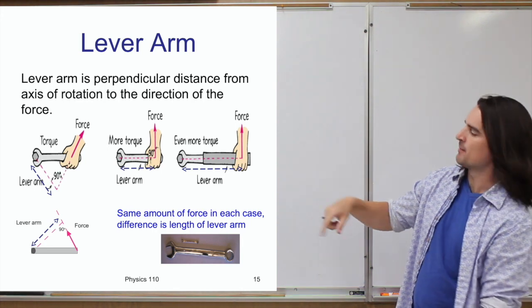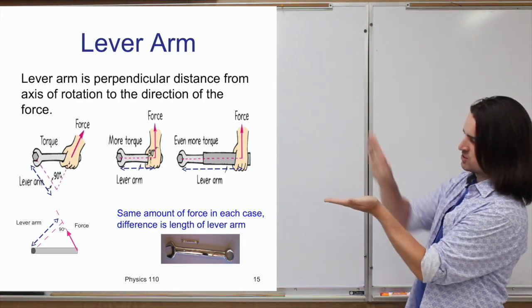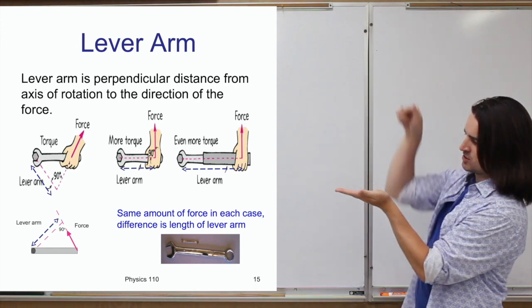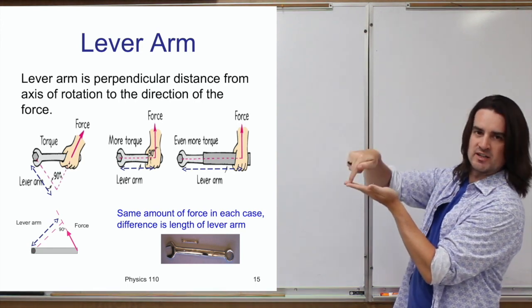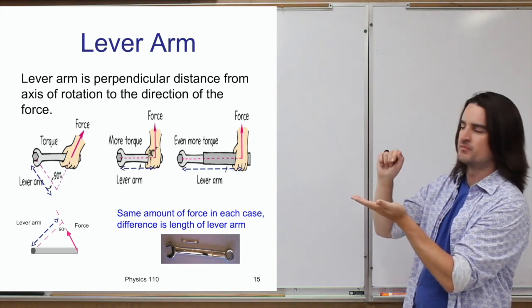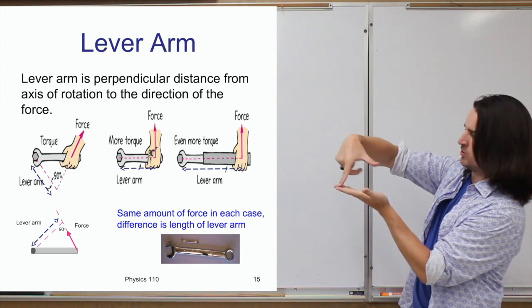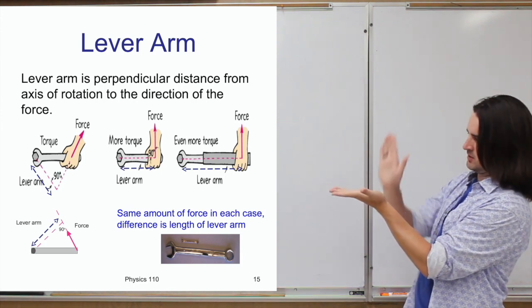A similar thing happens if you act a force at an inward angle. Again, you extend the force until you hit a radius drawn from that axis of rotation, and there you go, that's your lever arm. And again, that lever arm is going to be shorter than it would have been if you applied the force at the tangent angle.